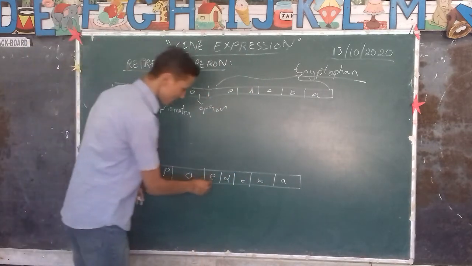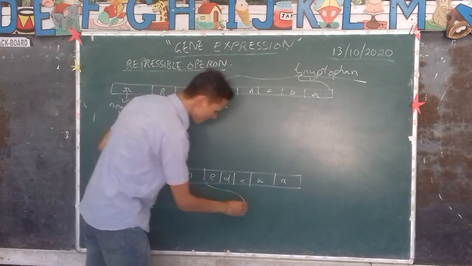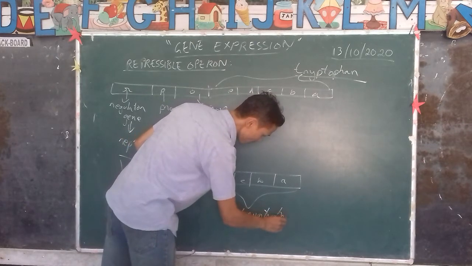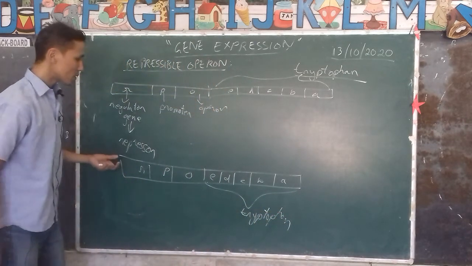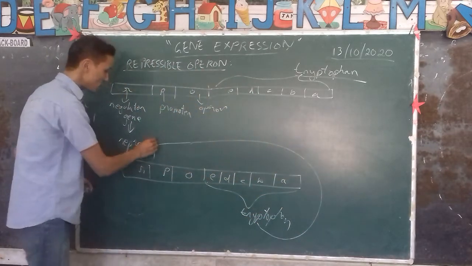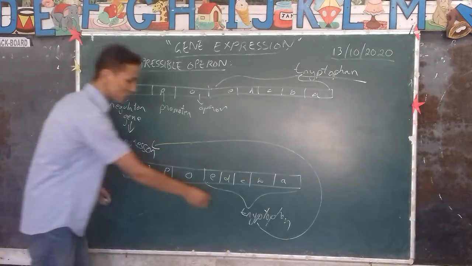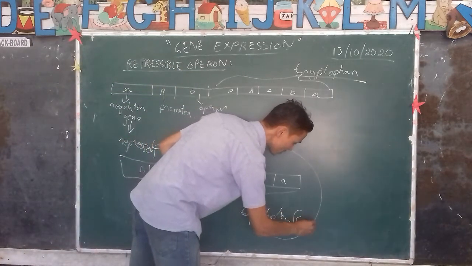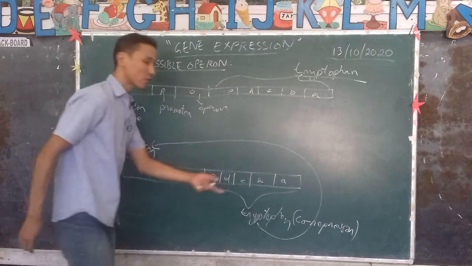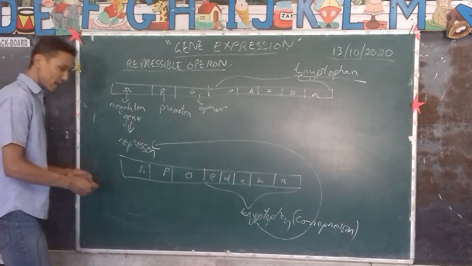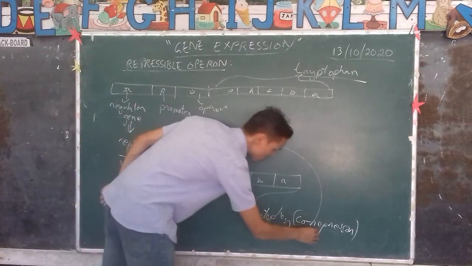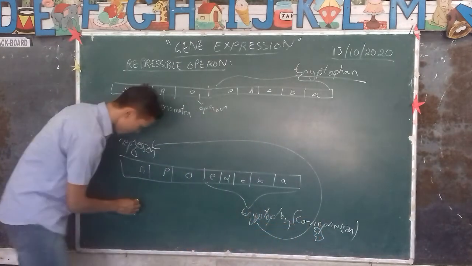So what happens is, these genes A, B, C, D, E are continuously synthesizing tryptophan. This tryptophan that is produced from the genes now binds with the repressor. That means tryptophan is now acting as a co-repressor. So let's say this is your repressor and this is your co-repressor.